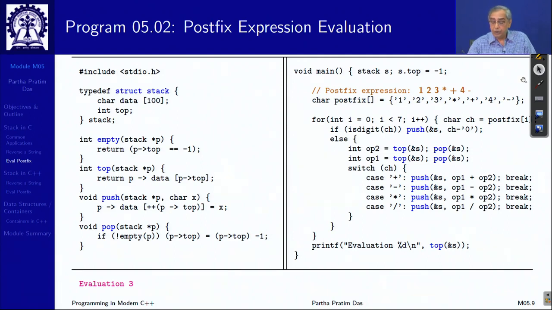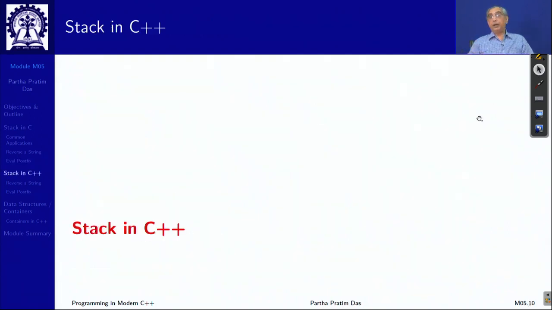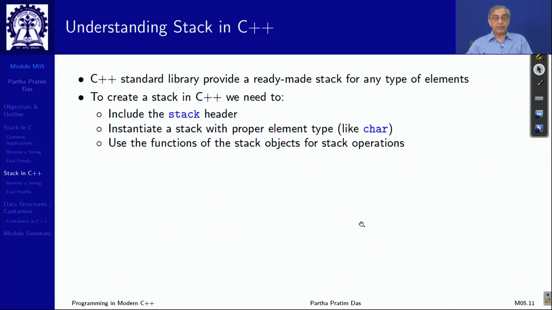Right. So, if we now step ahead and look at what happens in C++. In C++, the standard library provides a separate header, a separate component called stack. And the interesting part is that it is a stack of any type as you want. Again, it uses that magic of templates, metaprogramming, right. We will come to that later on.